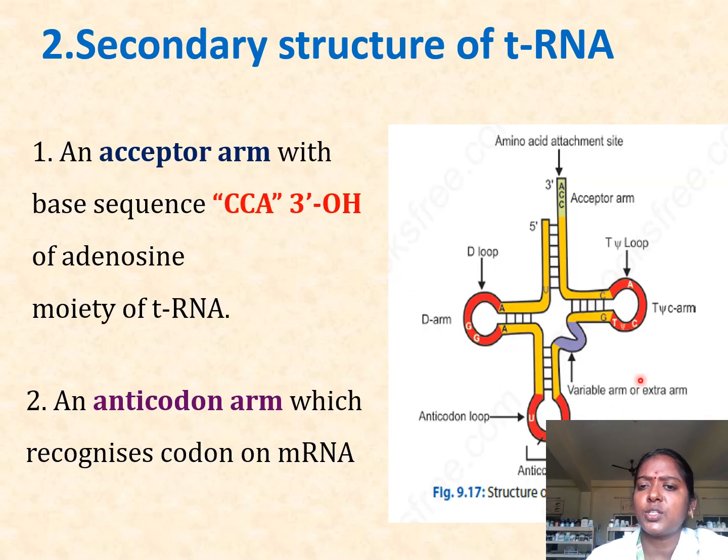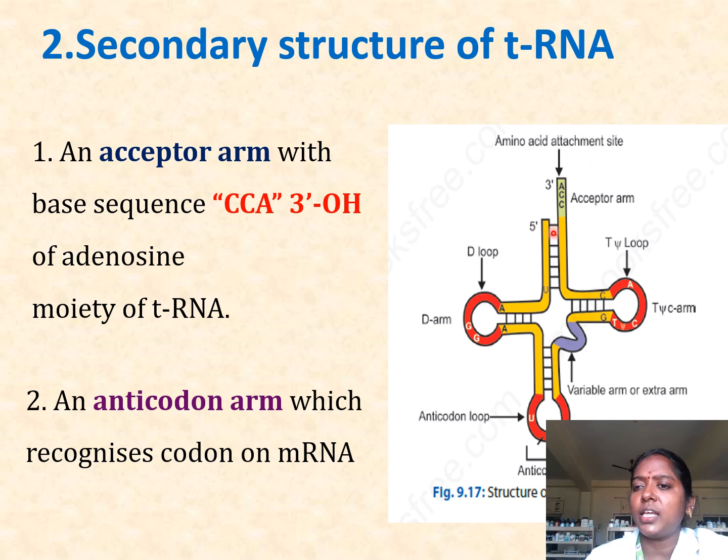See, this is the structure of transfer RNA. It consists of four arms, namely the acceptor arm, T side arm, anticodon arm and D arm. In the acceptor arm, at the terminus, it consists of ACC, that is the nucleotides adenine and cytosine.